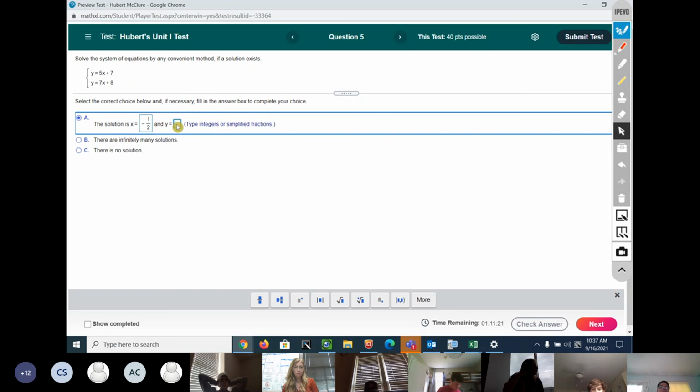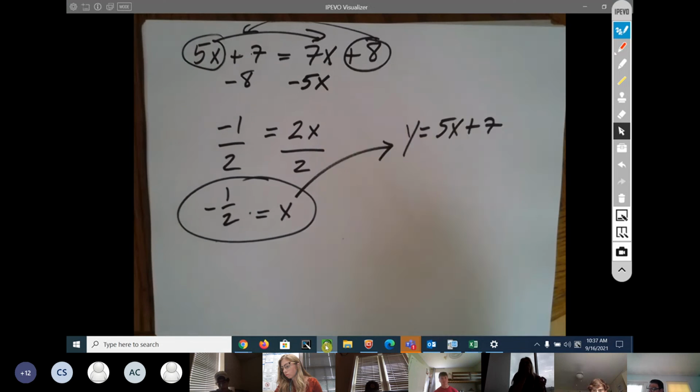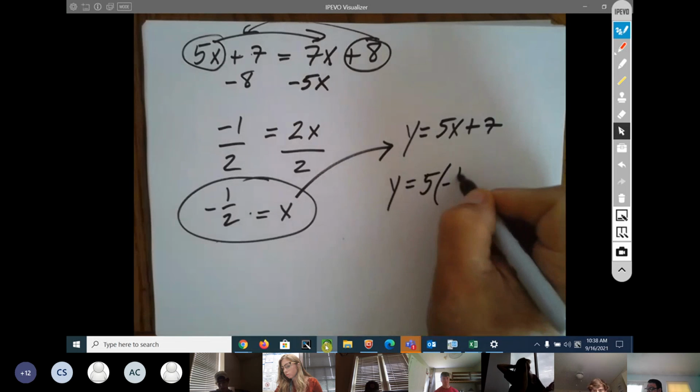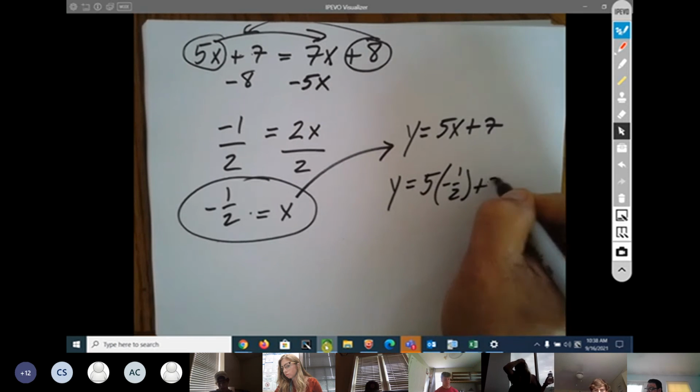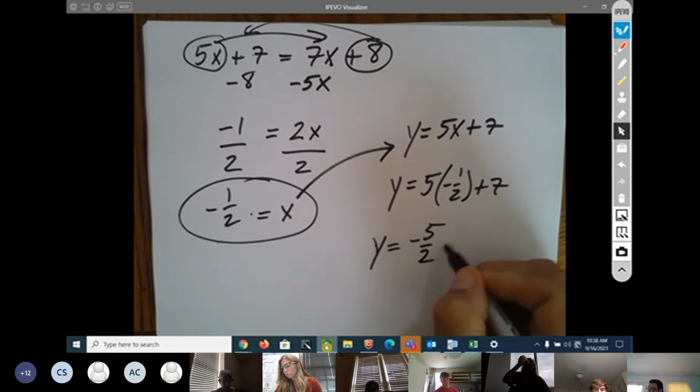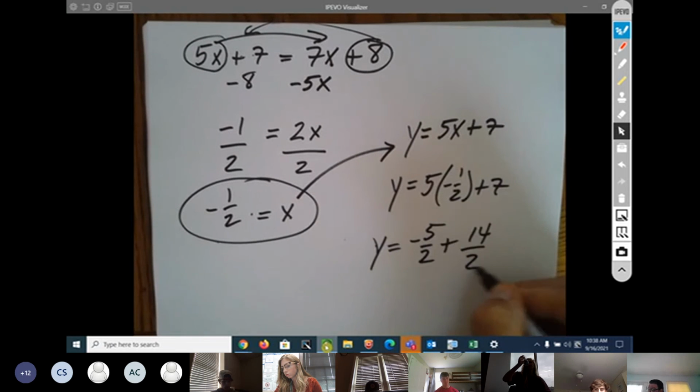Now we got to plug back in. So now we're going to plug back into one of these. I don't care. Y is equal to 5x plus 7. So I'm going to back substitute. Y is equal to 5 times negative 1/2 plus 7. Y is equal to negative 5/2 plus 14/2.